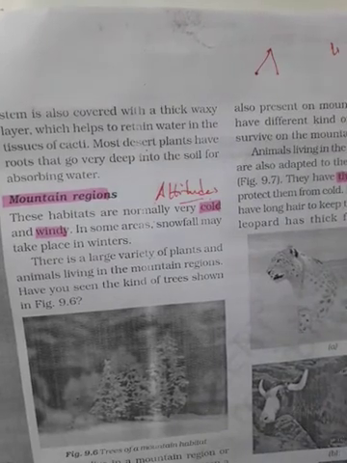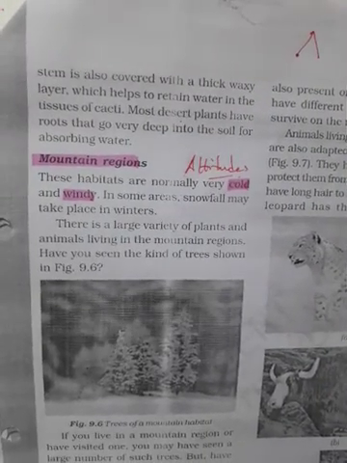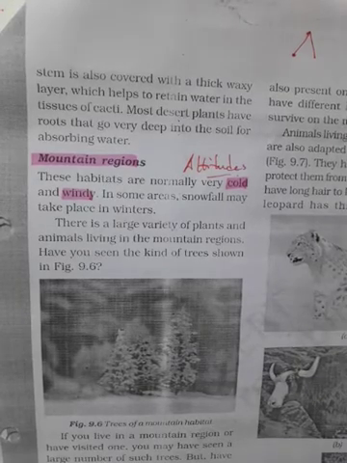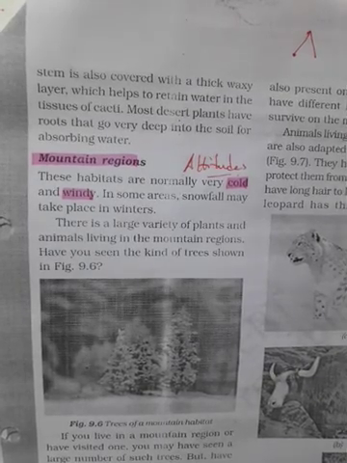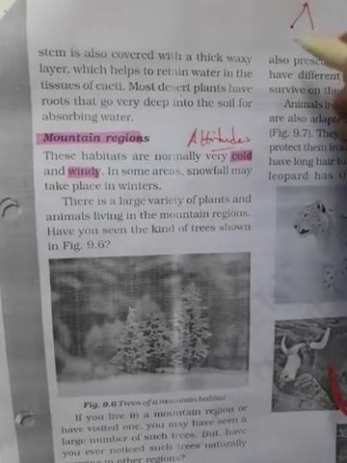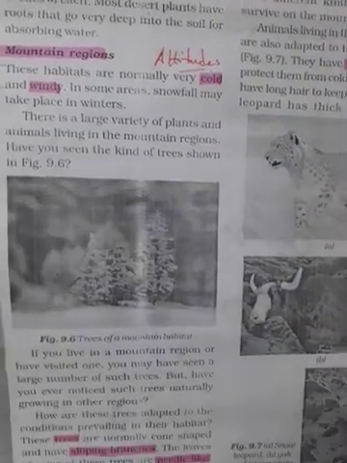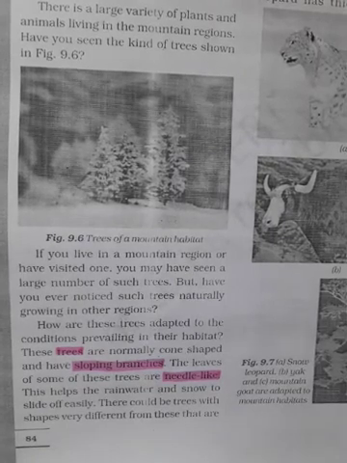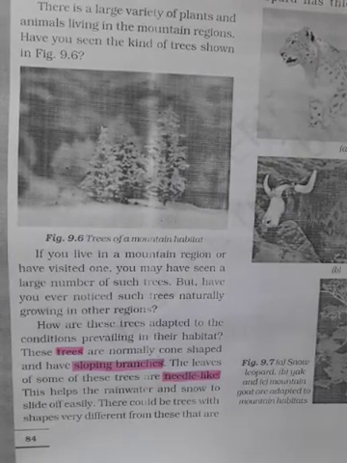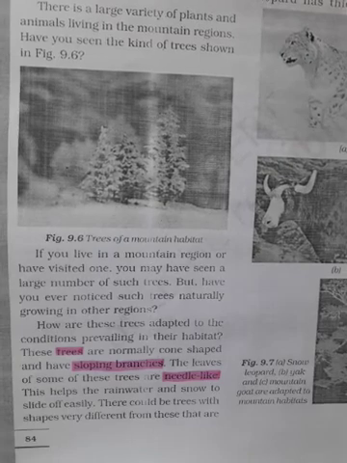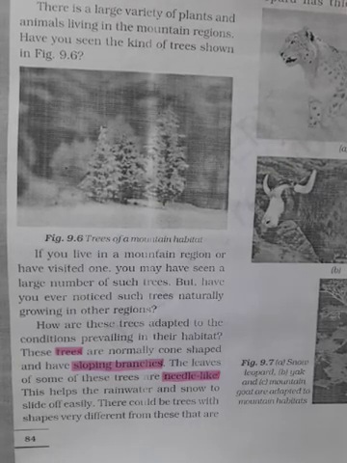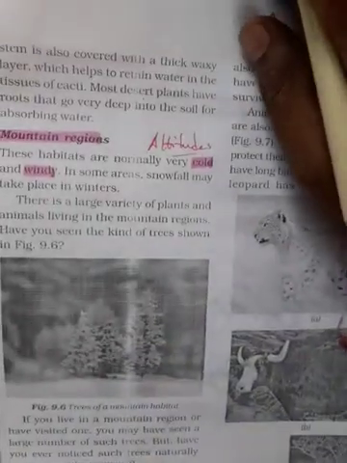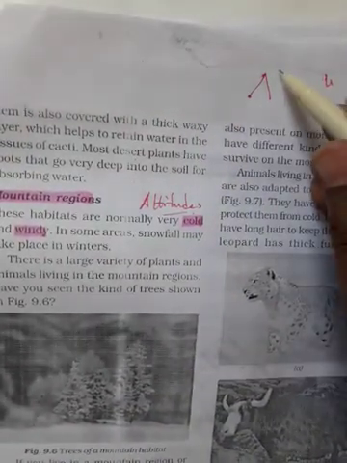Have you eaten an ice cream from a cone? The shape of a cone is like that. Cone means it is sloping actually. So the trees are of cone shape and the branches are sloping, like this.